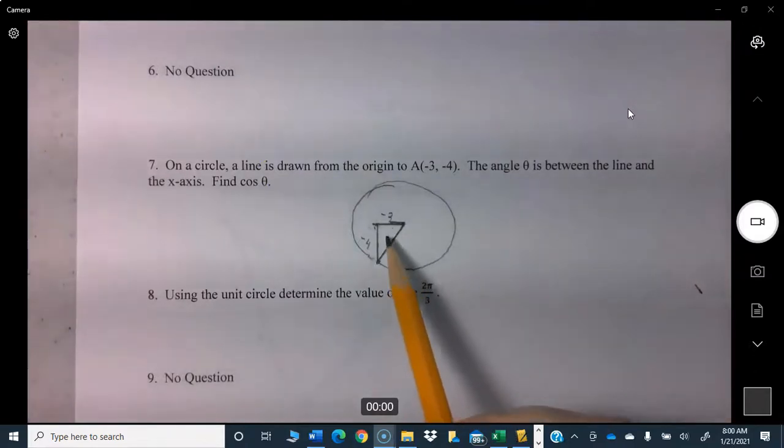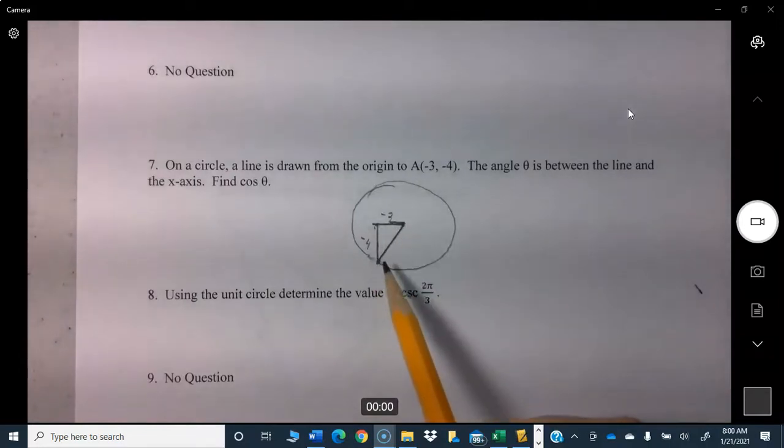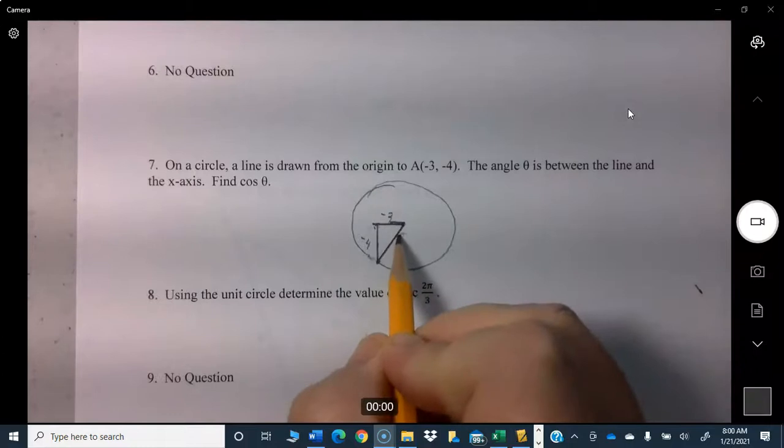Okay, so that's not a unit circle. It's not a radius of 1 right there. We're going to figure out what that radius is, which is the hypotenuse of our triangle. So we'll call it c.